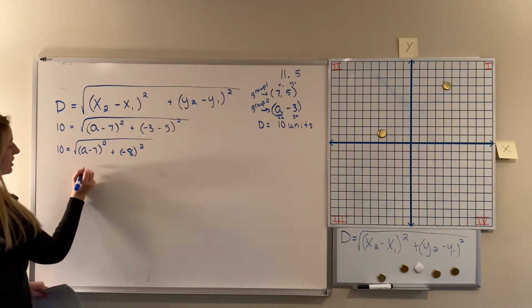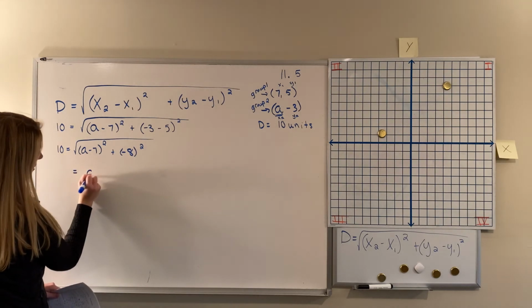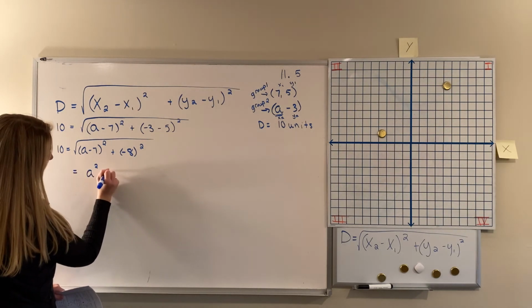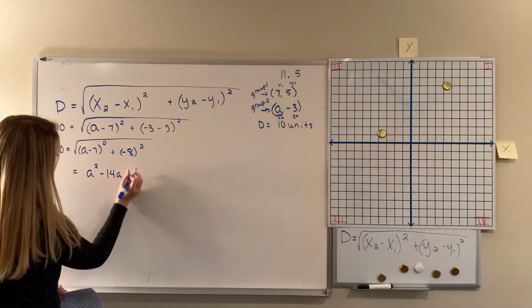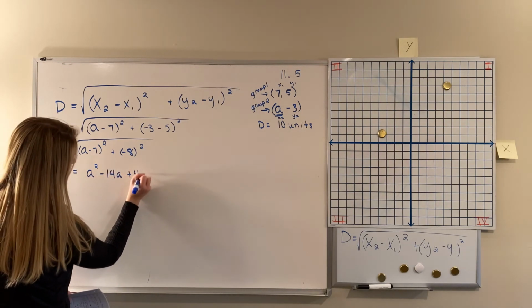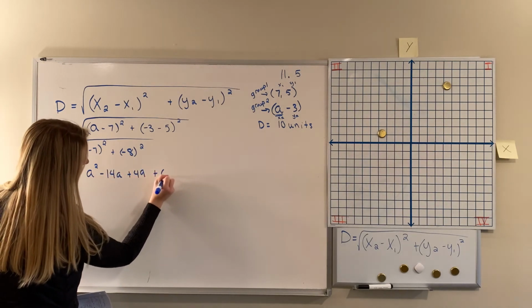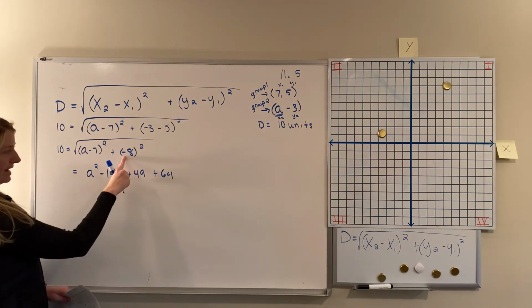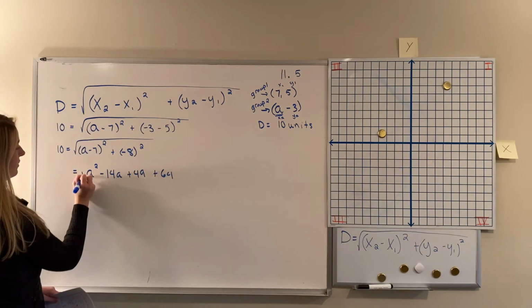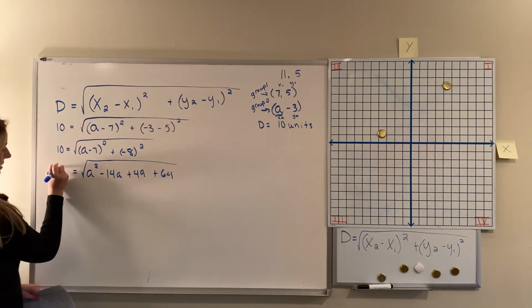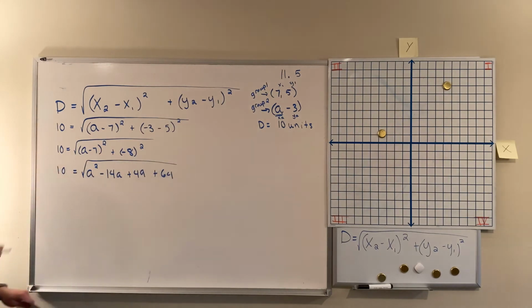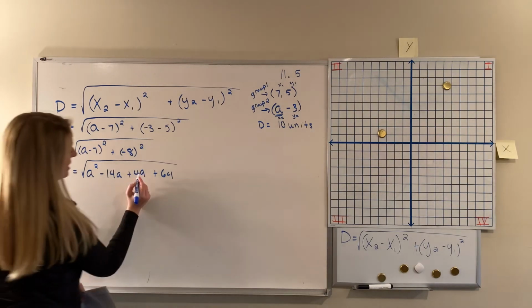After we factor it, we should end up with A squared minus 14A plus 49 plus 64, because negative 8 squared is a positive 64, all still underneath the square root, is equal to 10. My next goal is to get my like terms together.